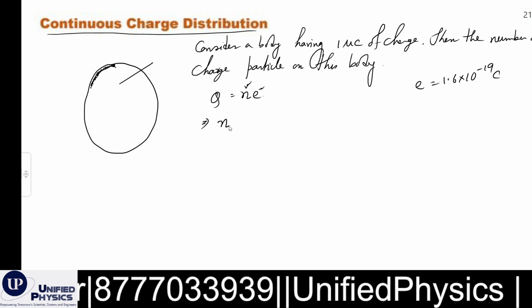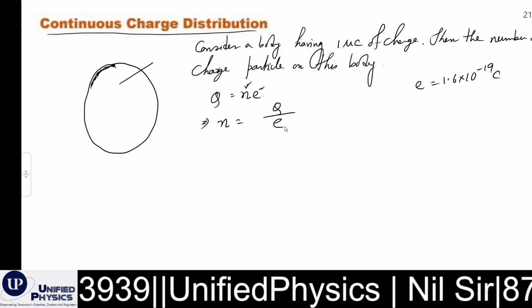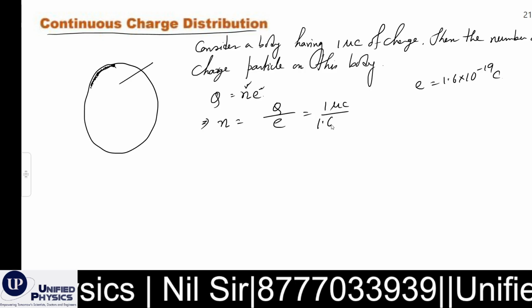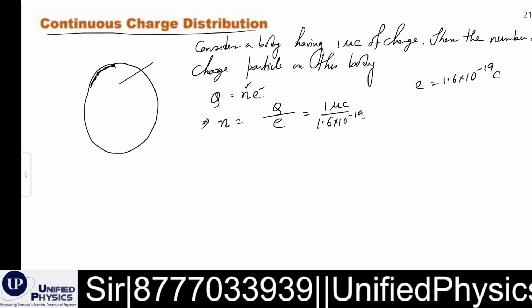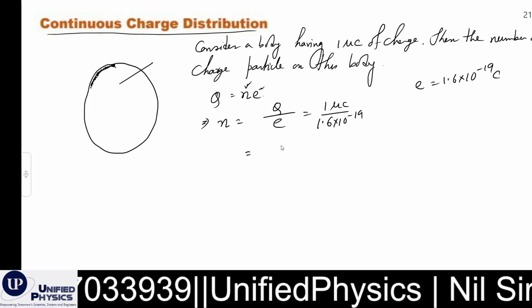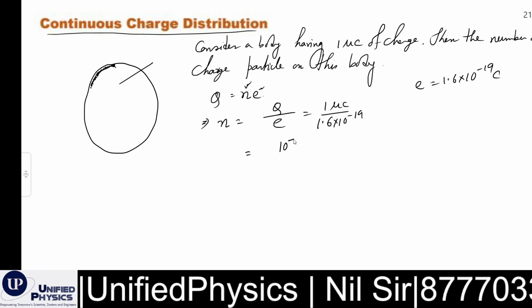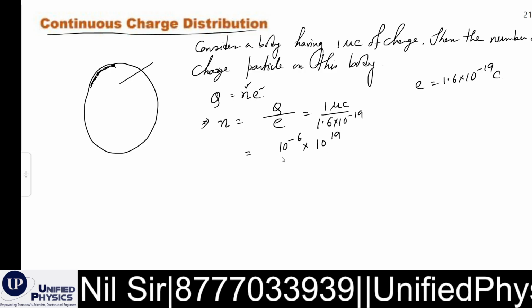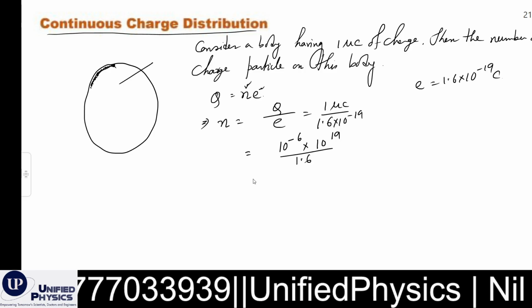So what will be the n? N will be Q by E, which is equal to 1 microcoulomb divided by 1.6 into 10 to the power minus 19, and this gives you 10 to the power minus 6 into 10 to the power 19 by 1.6.